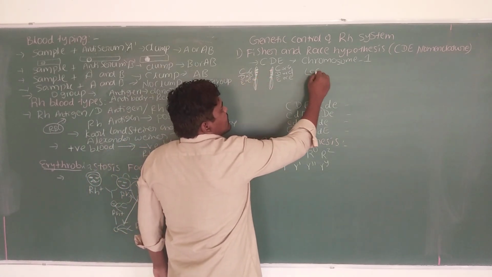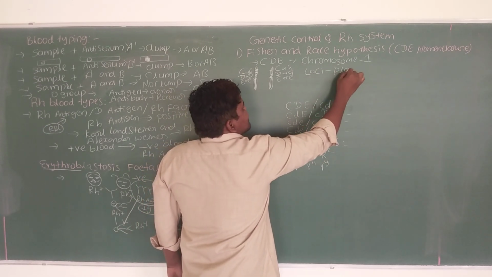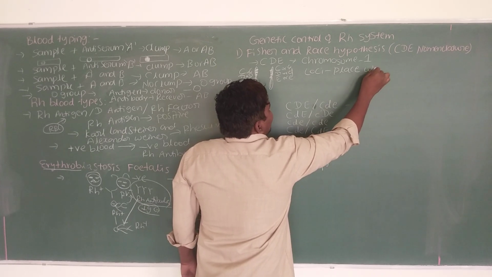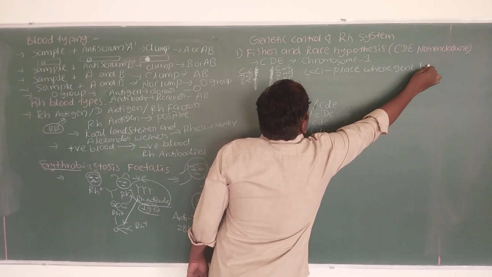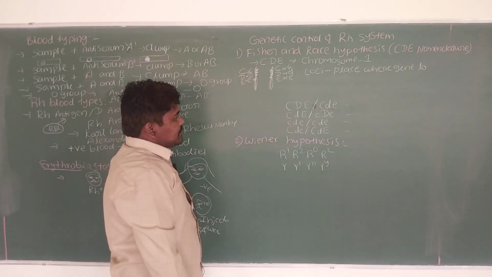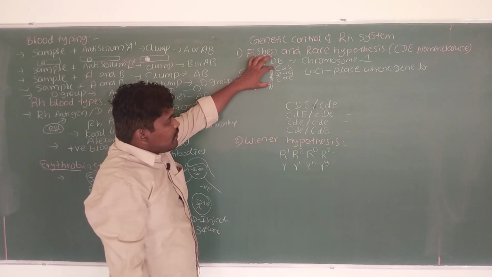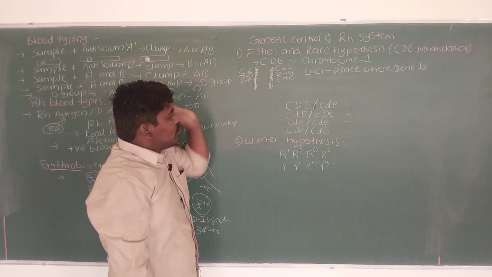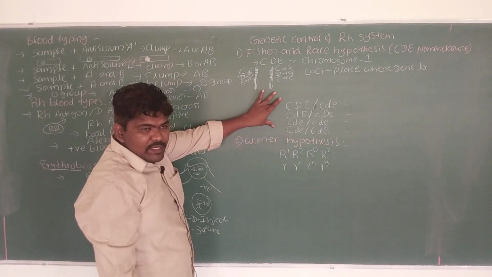Locus means the place where a gene is located. Place where a gene is located on the chromosome, that is called a locus. They are present at different loci. And these 6 alleles at different loci of chromosome number 1 form the different types of genotypes.